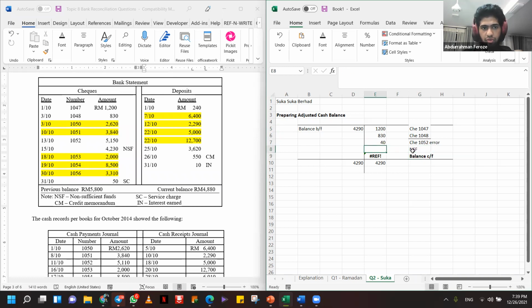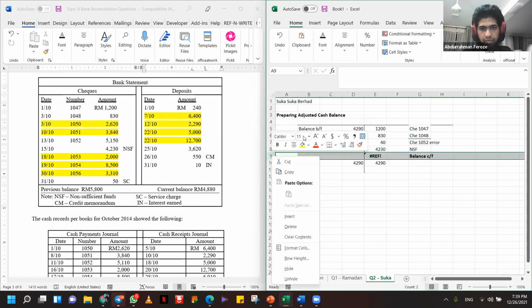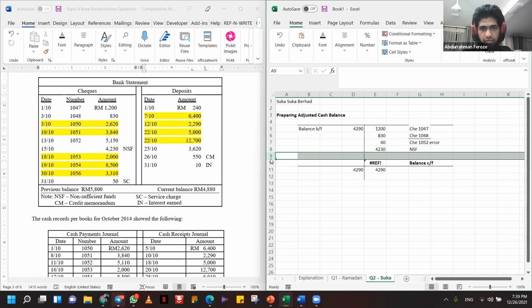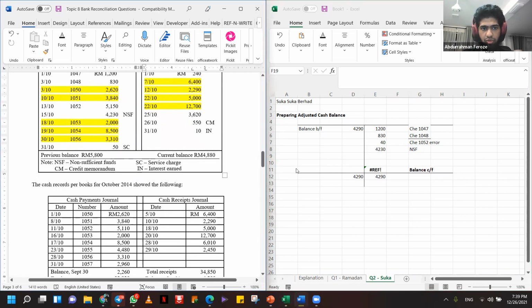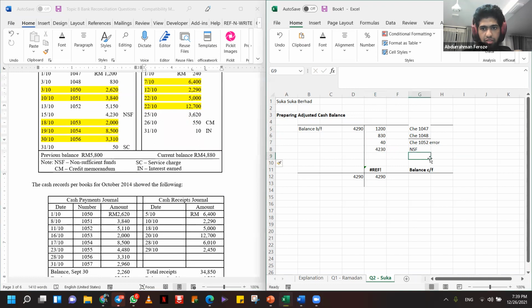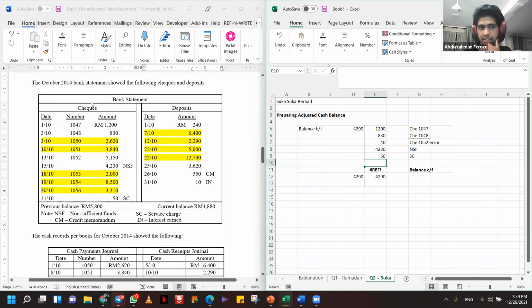This needs to be credited as well. Just 4,230. All right. So these four have been cleared, and then we have the service charge. This needs to be credited as well. Service charge of 50.